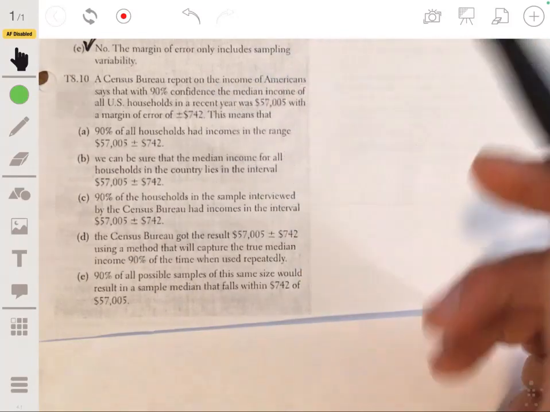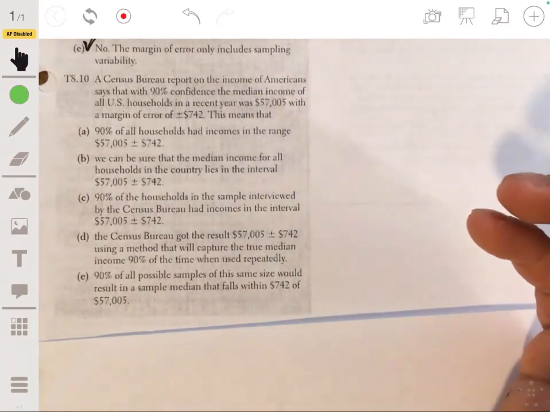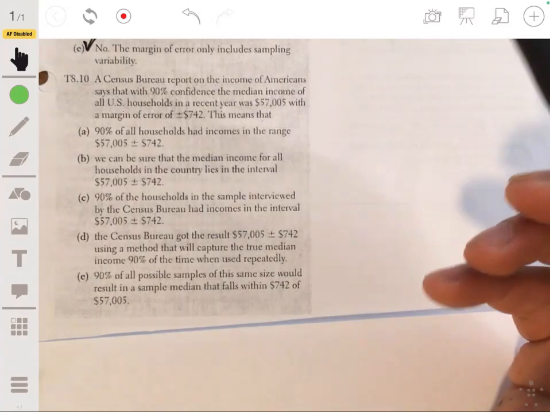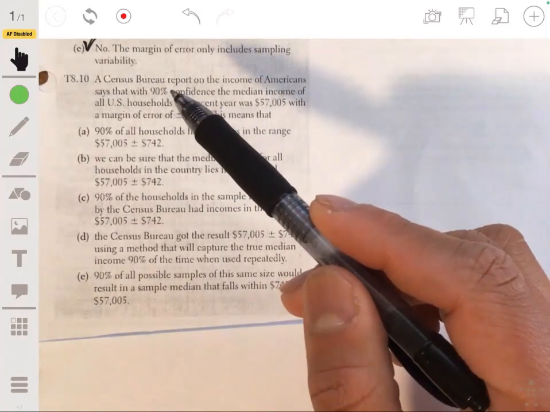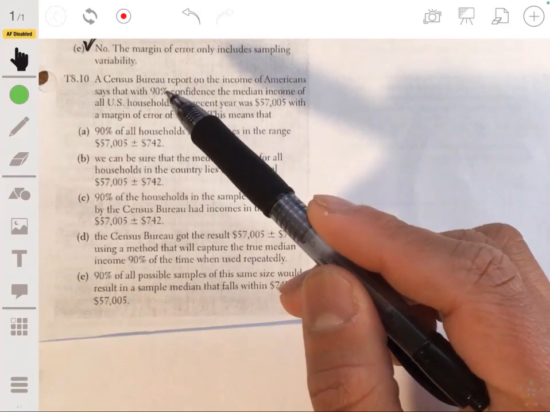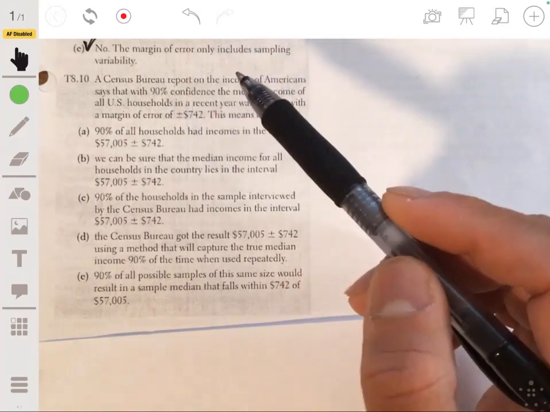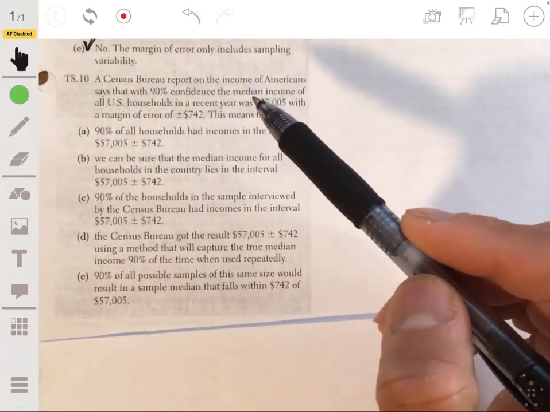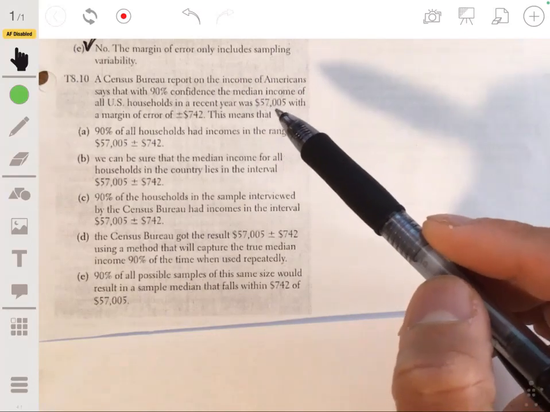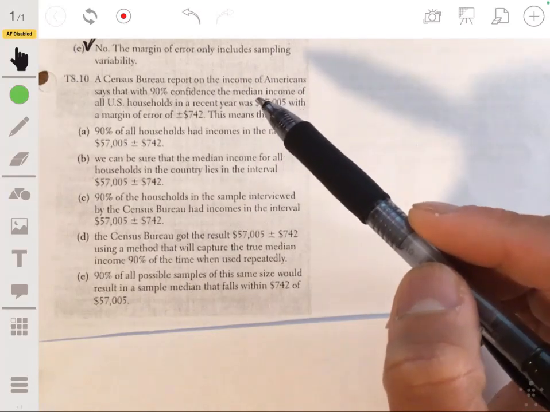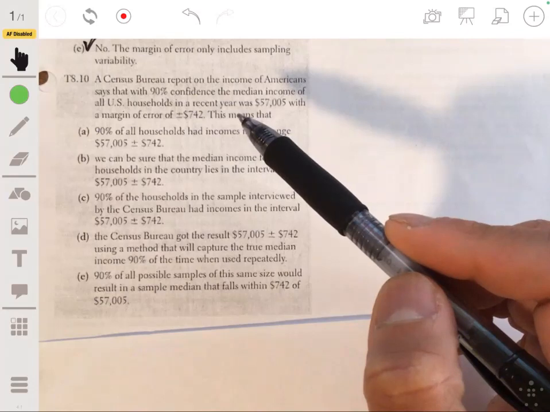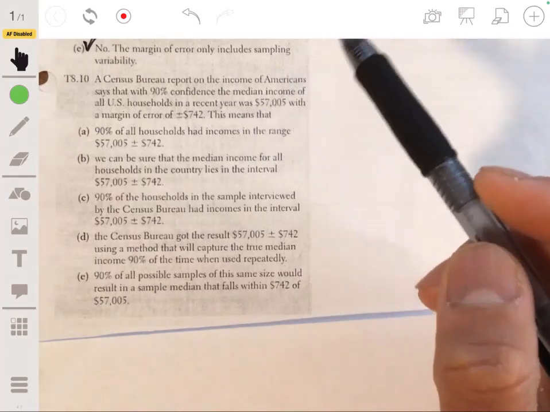It's basically a range of values that we have some percent confidence, in this case 90% confidence, that we believe will contain the population parameter. In this case, we think it will contain a population median.